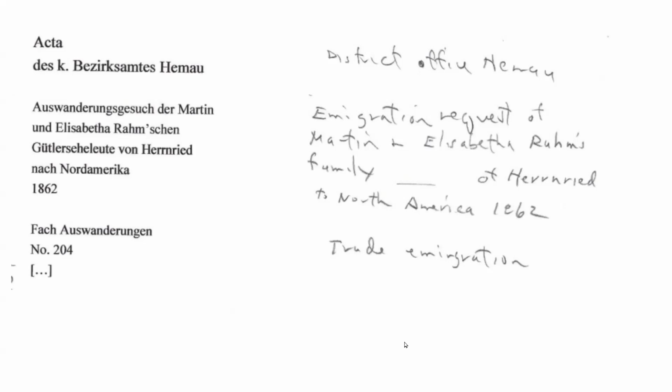And once again, you can use Google Translate, it would help you translate some, but also in this case, I happened to be in Salt Lake, so I went to the Family History Library there, and they translated for me. And it shows that this person came from the town called Herrenried to North America in 1862. And Herrenried is the village, but there's different churches within the area. But this was my starting point.